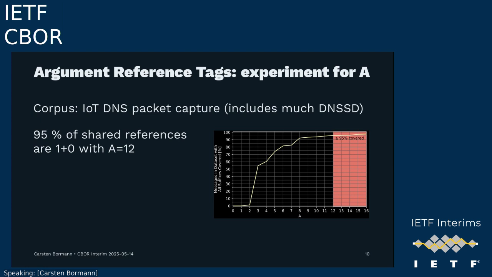Of course, we can now argue whether 95% is the right threshold here. It all depends a lot on how you build your corpus, because the message size is a strong influence on the message complexity, and you need more reference items to deal with more complex data. This was relatively simple because it was IoT. But there's a really long tail to the right side here.